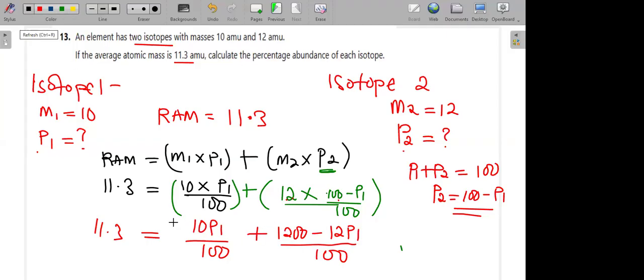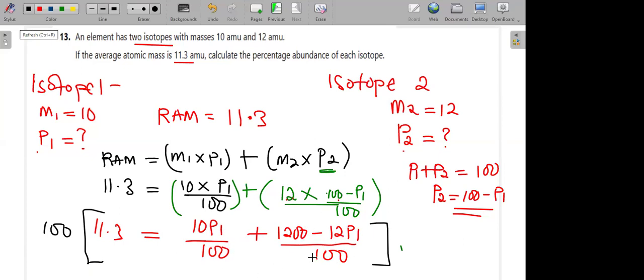Whatever I have on my right here is over 100, so I want to get rid of the 100 in the denominator. What am I going to do? I'm going to multiply throughout by 100.